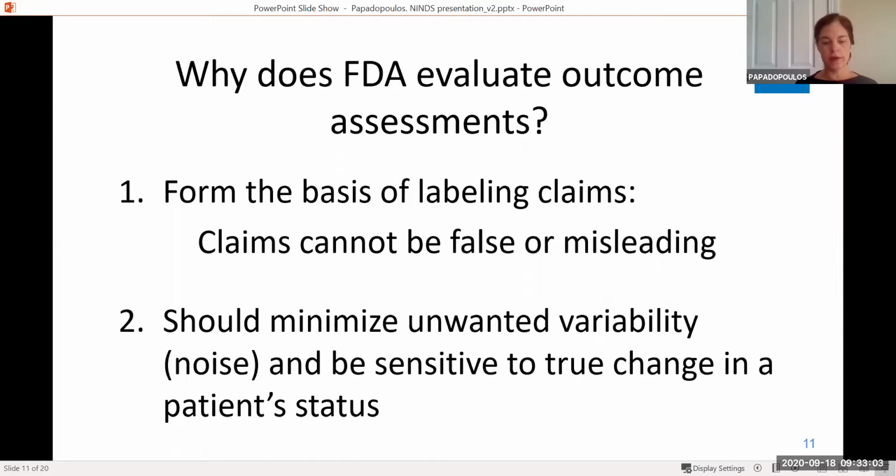In essence, our endpoints and assessment methods form the basis of labeling claims which cannot be false or misleading. Another important consideration is that the measurement should minimize variability or noise, so that this can be sensitive to true change in a patient's condition.